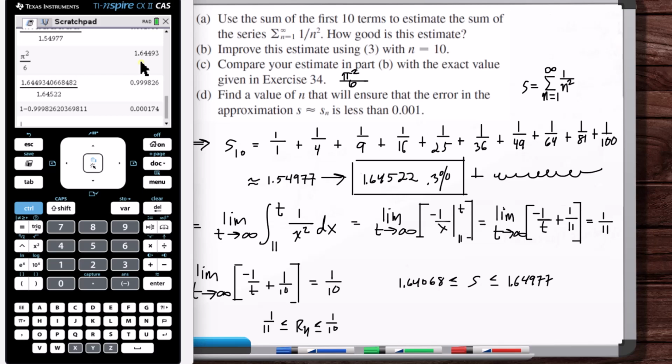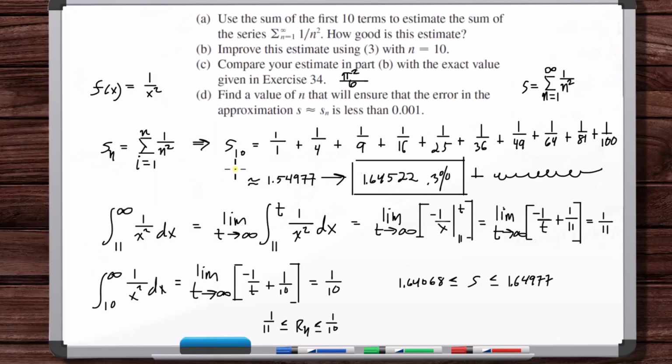Now, you can see that the value we got, 1.64522, is greater than the actual sum value. And you might be confused thinking, how could we estimate a higher value? Well, the partial sum, the S of whatever we plug in, is always going to be less than the actual sum.